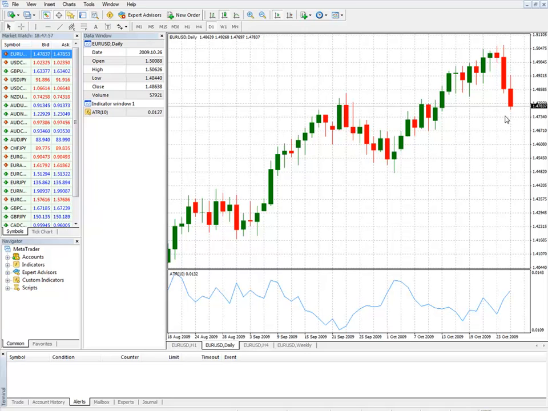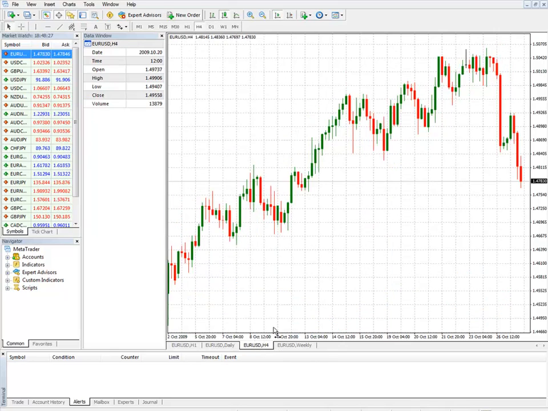We're looking at some smaller numbers here, but we're still looking at the 100 plus pip range, not the 15 pip range. You can see that's really something. So that's 100, 100, 100, 100. Okay. So let's move on to the next time frame.